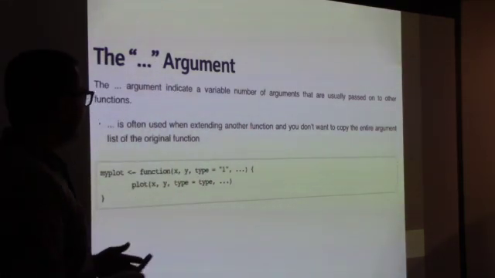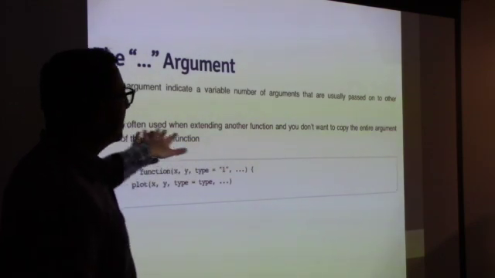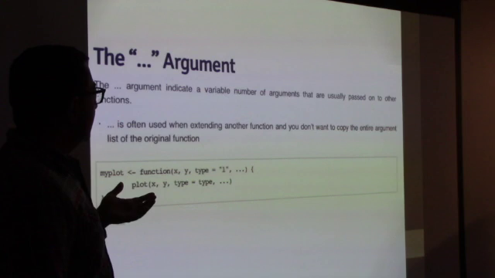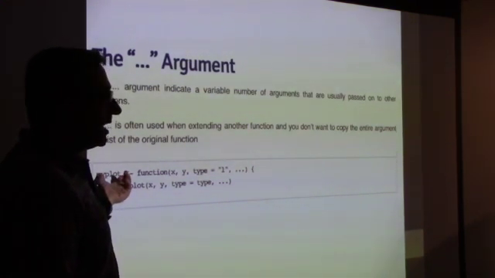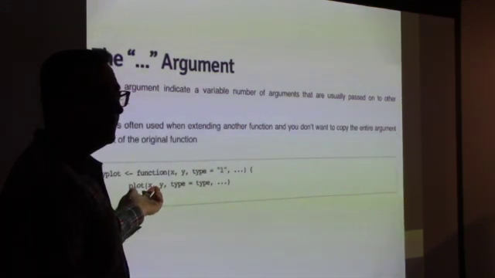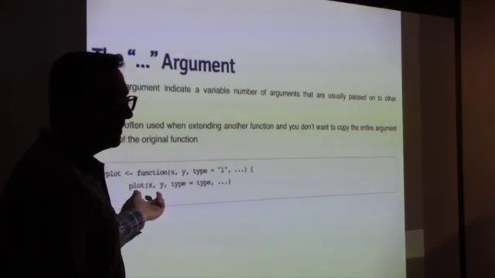For example, it's often used to extend another function when you don't want to copy the entire argument list of the function. So I can create a new function called myPlot, which is a wrapper around the plot function. What that means is that inside this function, I'm actually calling the plot function.